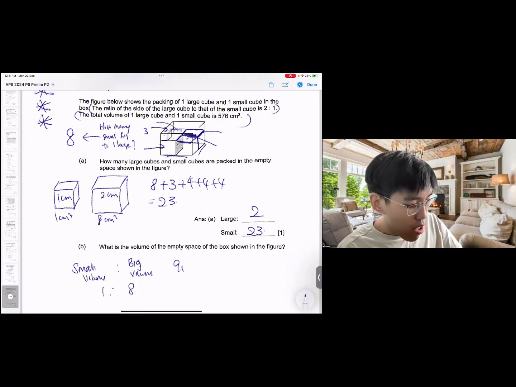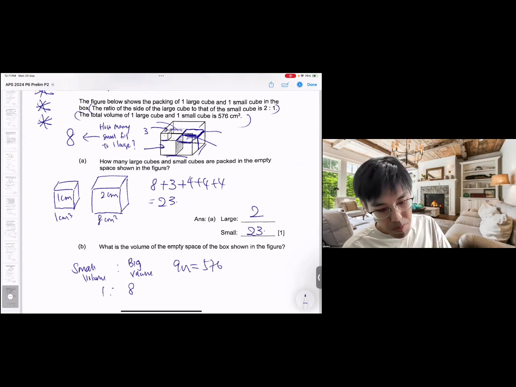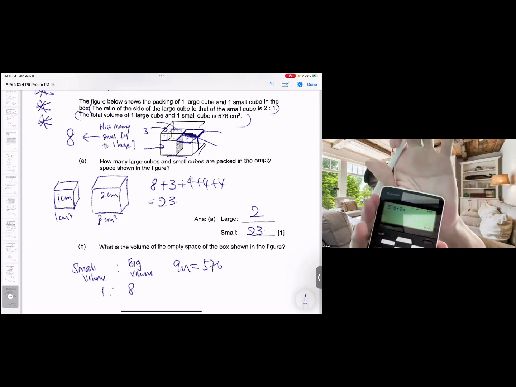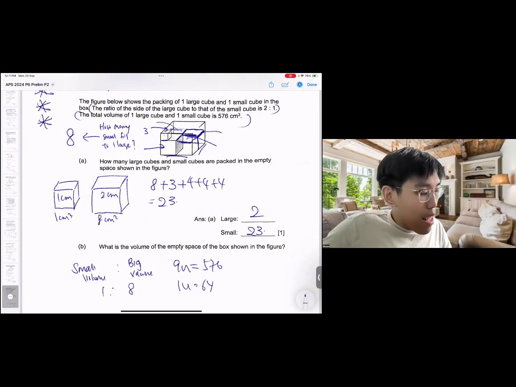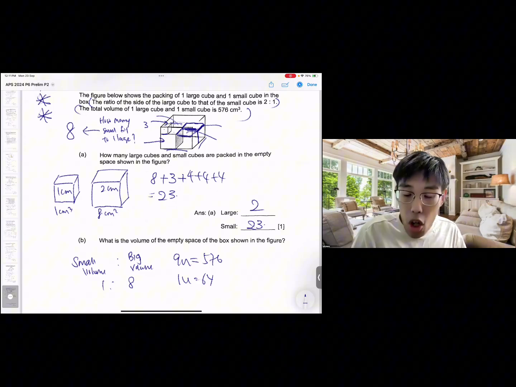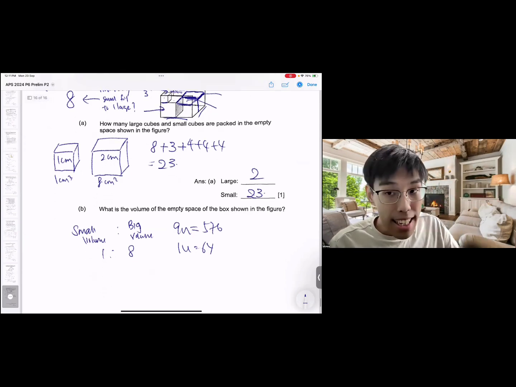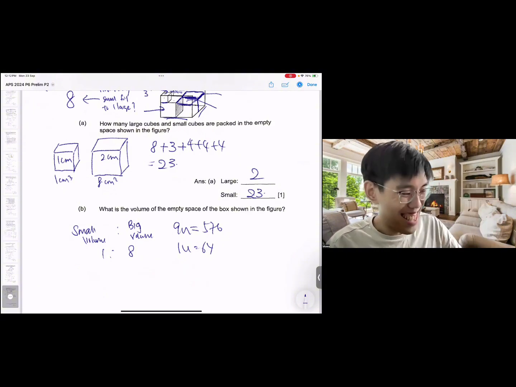That means 9 units is 576. So from here, we can find 1 unit already. You'll get 64. So what does this 64 mean? That means the volume of one small cube is 64. Not the length. The volume of one small cube is 64.